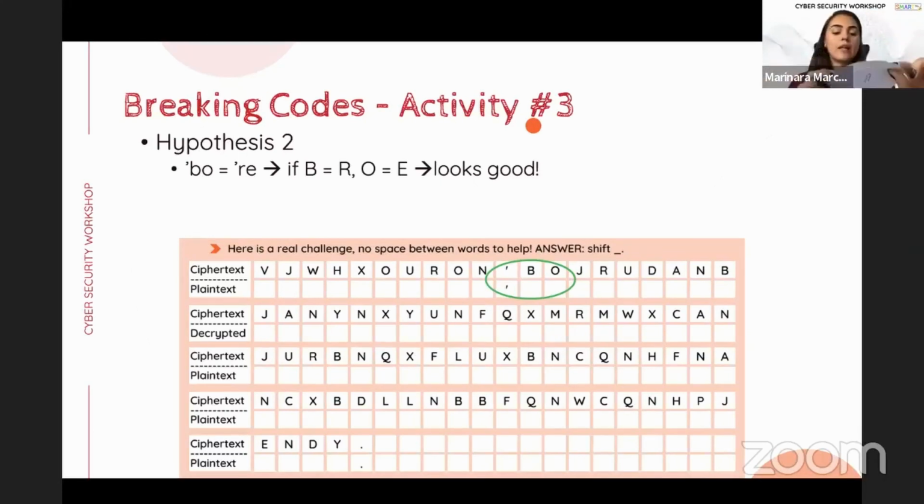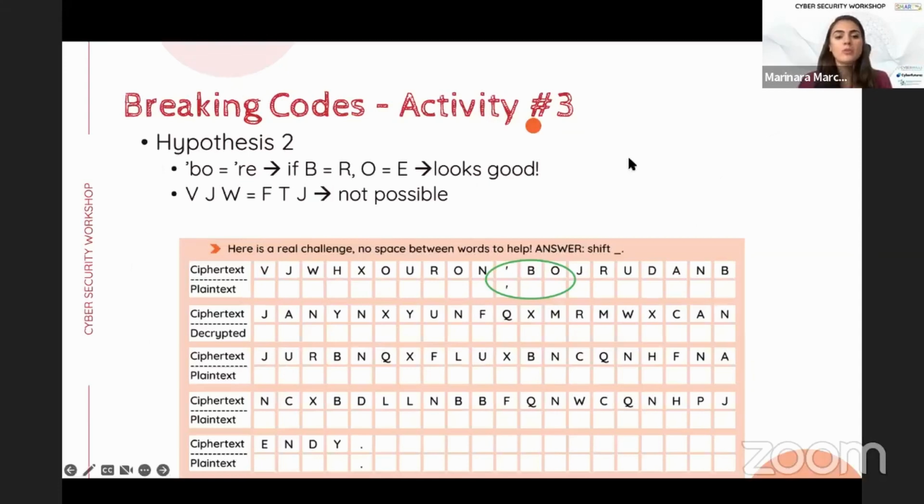If you align your B with R up here, when you go to the other side, you are going to see that O aligns with the E. It's a bit off my thing here, but I promise you. So B is R and O is E, which looks good, doesn't it? Because then this is like they are, like apostrophe RE. So that could work.